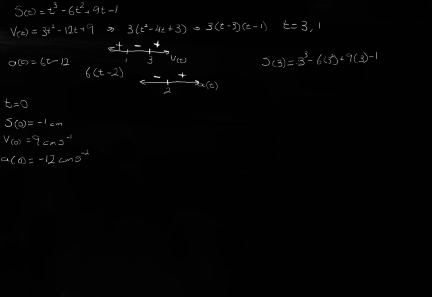So 3 times 3 is 9, times 3 is 27, minus 3 squared is 9, 6 nines are 54, plus 9 times 3 is 27, take 1. Alright, what is this all going to equal? Well, I'm going to grab a calculator and punch the numbers in and see what I get. 27 minus 54 plus 27 minus 1 is equal to minus 1.